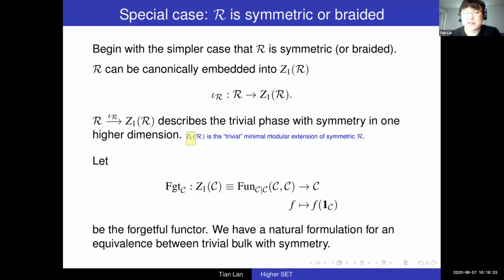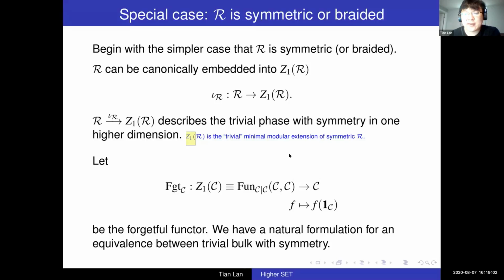This Z(R) is just the minimal nondegenerate extension of R. It is trivial in the sense that it describes the trivial topological phase, a trivial phase with symmetry, or trivial SPT phase. So besides this canonical embedding, we also have this canonical forgetful functor from the center to C itself, from bulk to boundary.